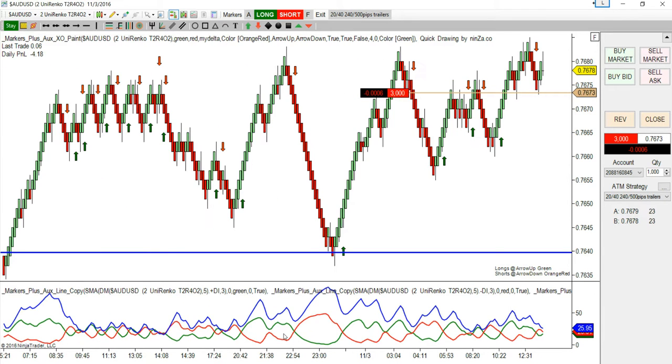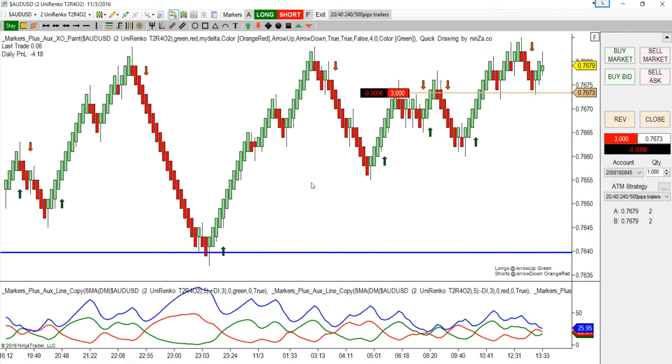This is a pretty good system too. So right now it's in the negative. This is the only one out of the systems that's negative.